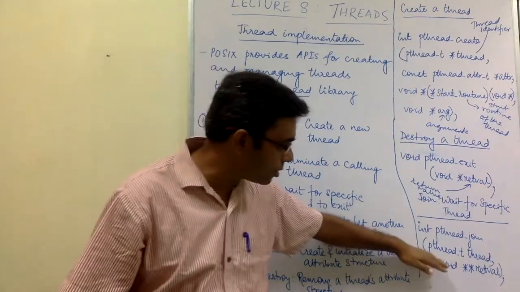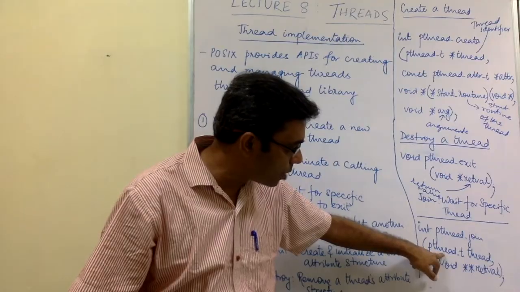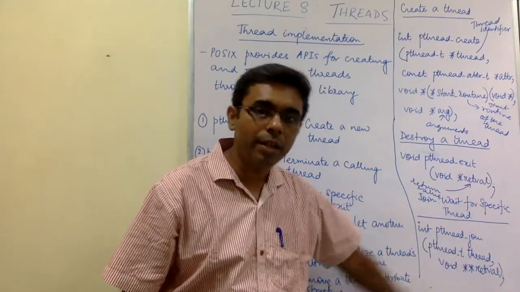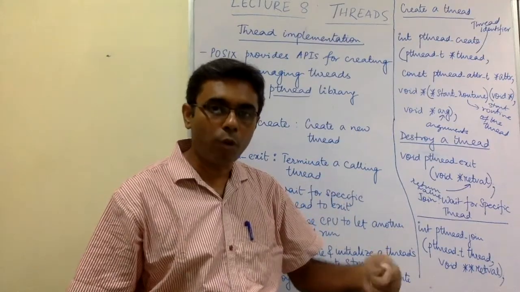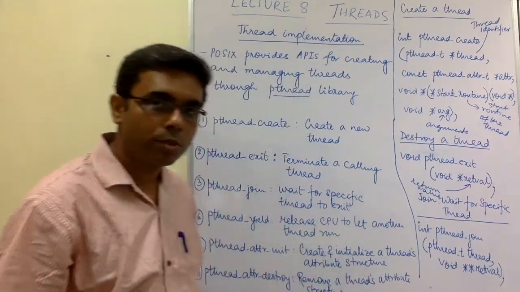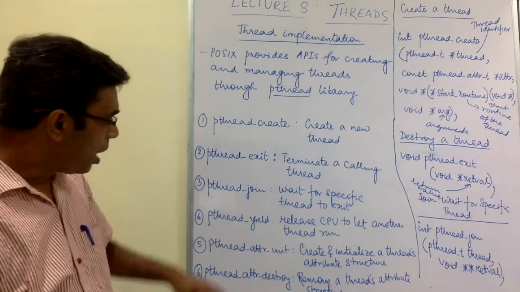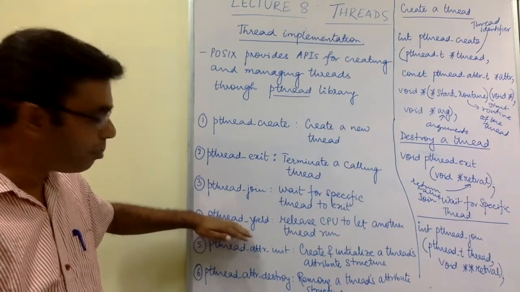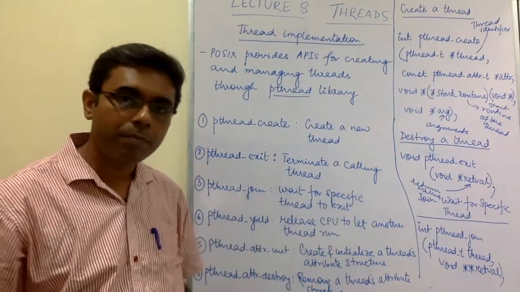This is the syntax of pthread_join, where we pass 2 arguments. One is the thread identifier on which you would like to wait, and then the return value. So these are the 2 arguments required for pthread_join. And then we have a function called pthread_yield, which releases the CPU to let another thread run.